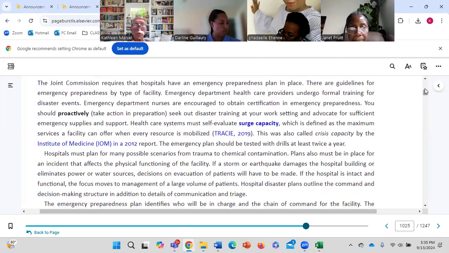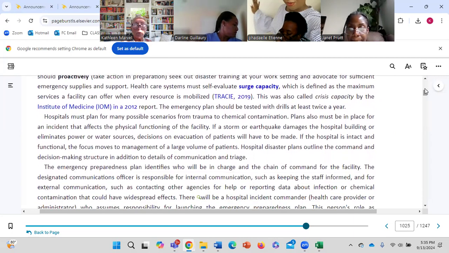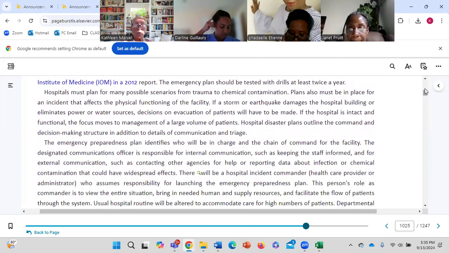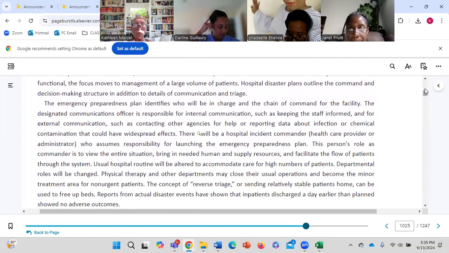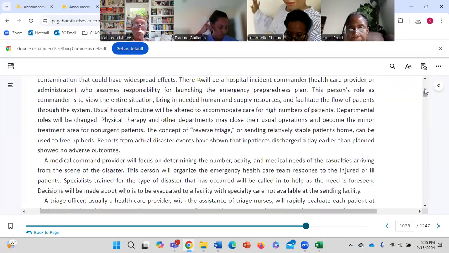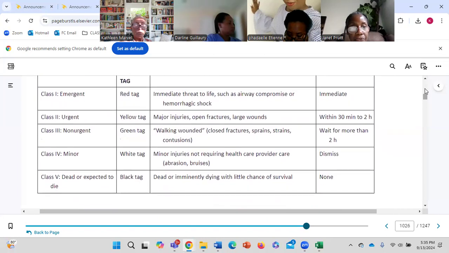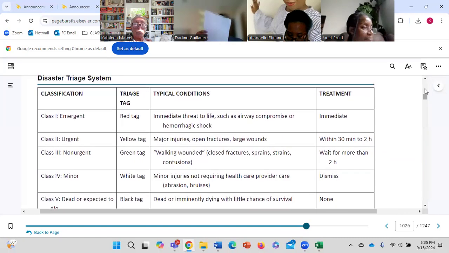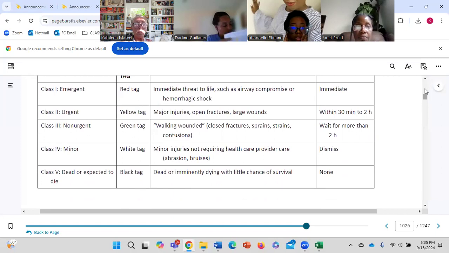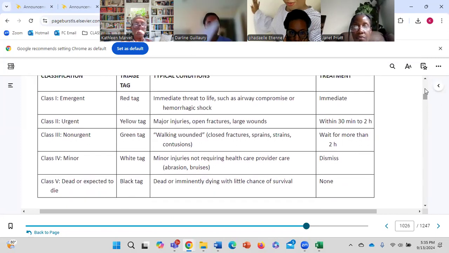Besides this class, we have phases and the disaster triage system, which has classes 1, 2, 3, and 4. So this is the closest to our levels: class 1, 2, and 3. So this would be your level 1, level 2, level 3.